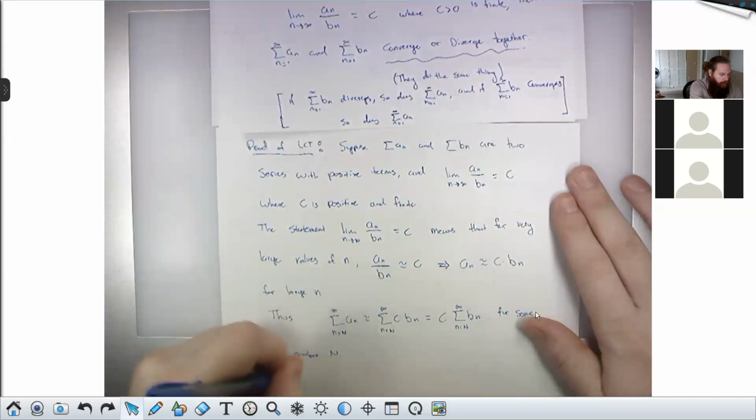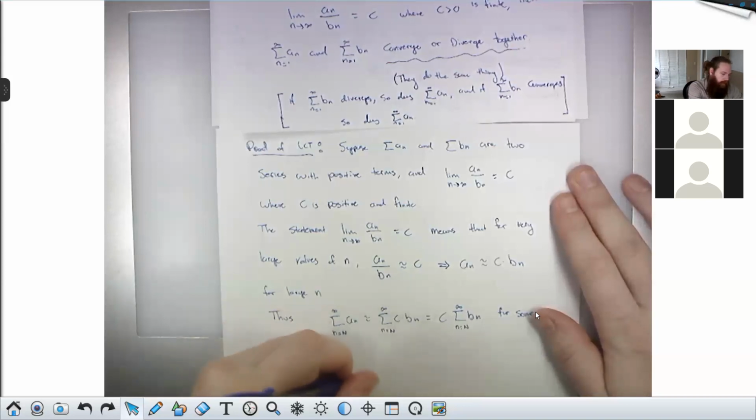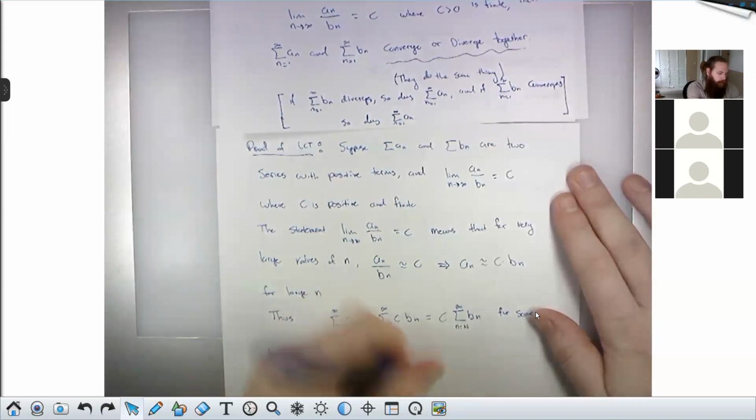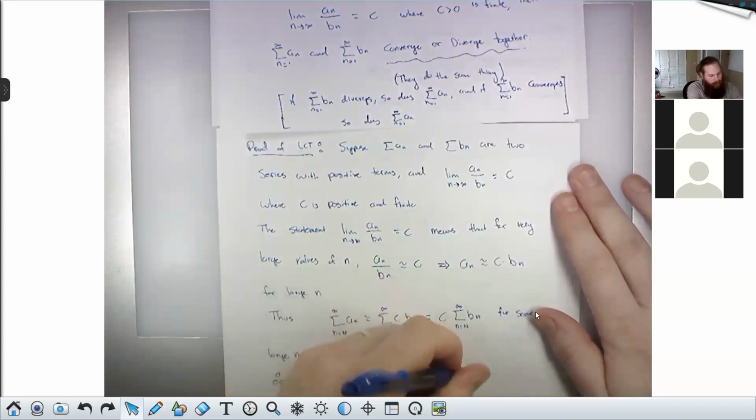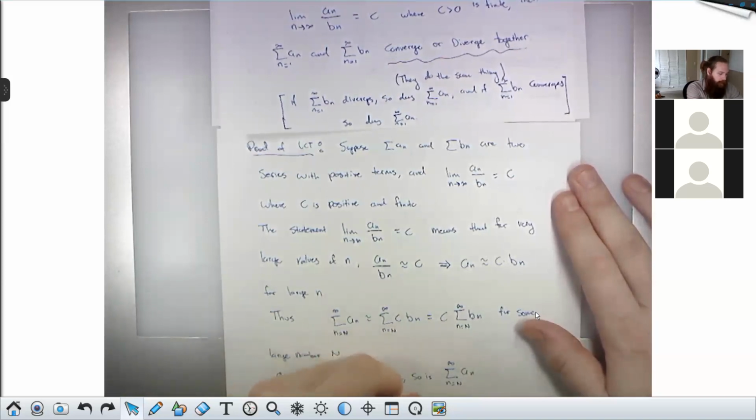Therefore, if sigma Bn, the tail of the series sigma Bn, is finite, so is the tail of sigma An. And in particular, if the full series sigma Bn converges, so does sigma An.